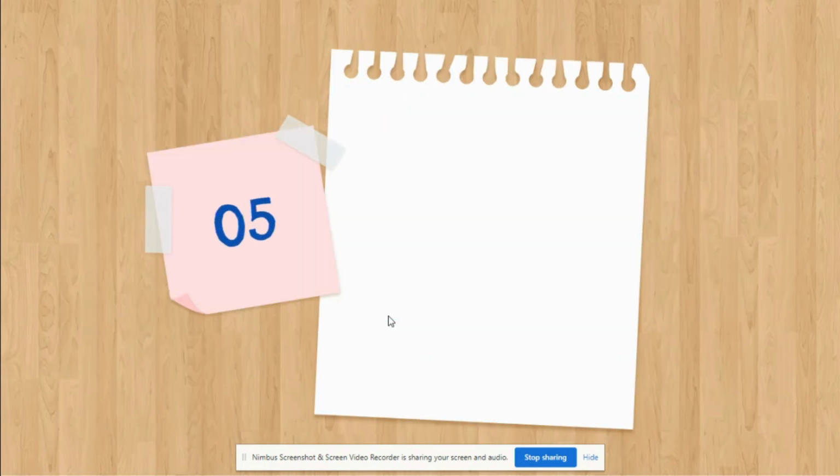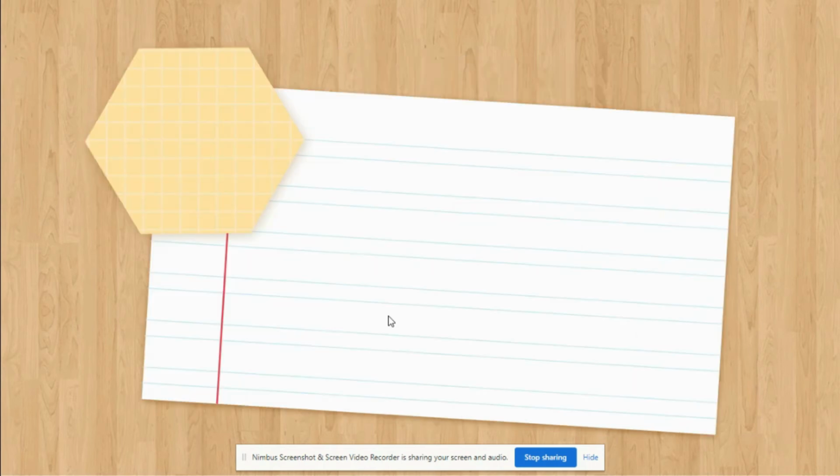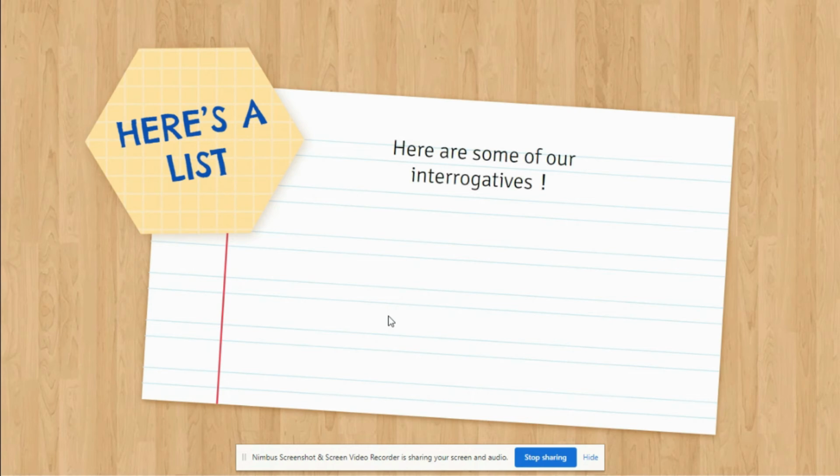Let's proceed to the fifth topic, which is an interrogative verb tara ii desu ka? Here are some of our interrogatives.